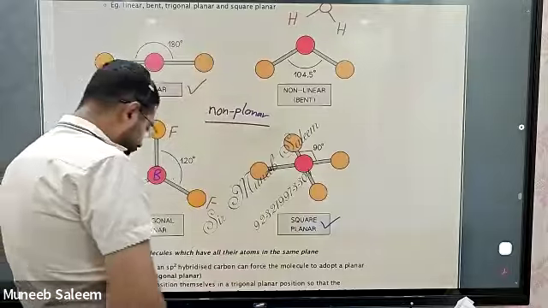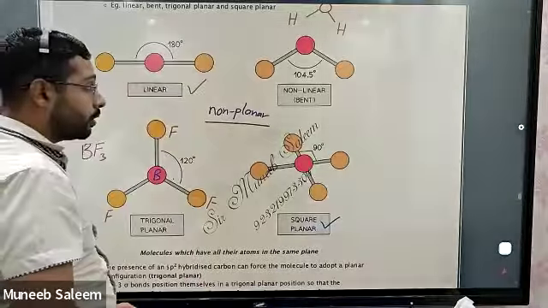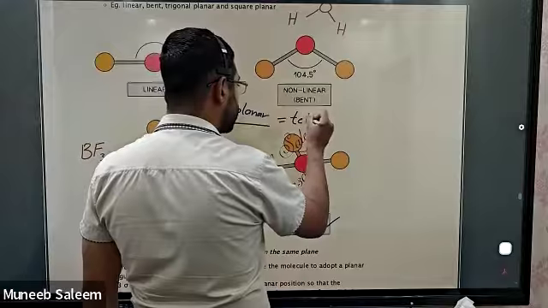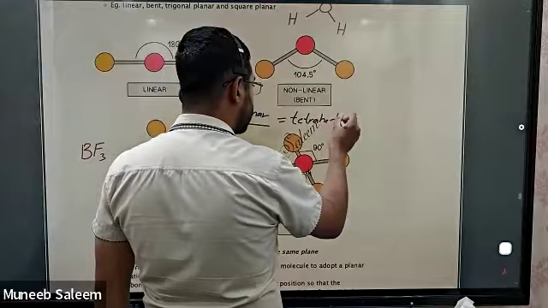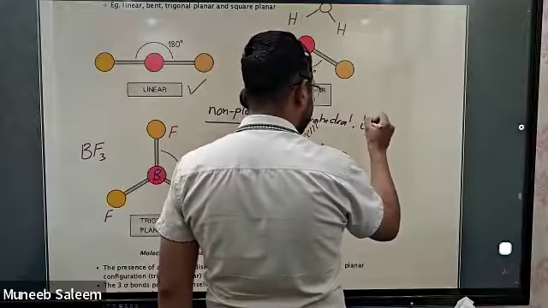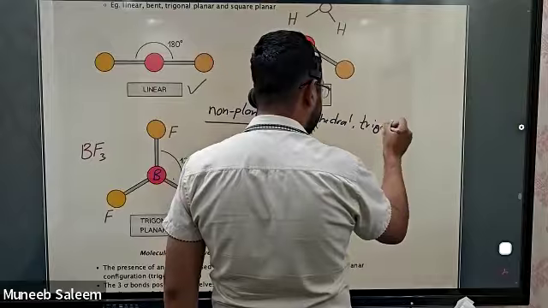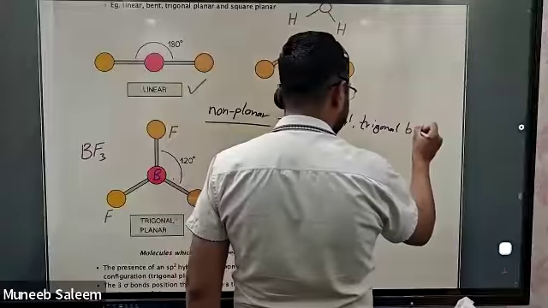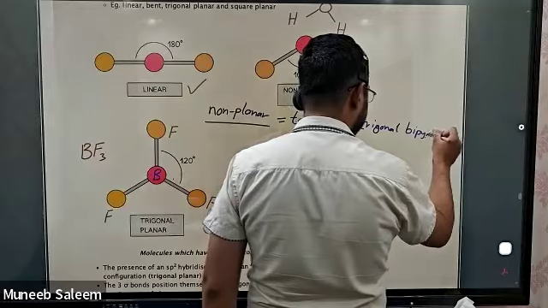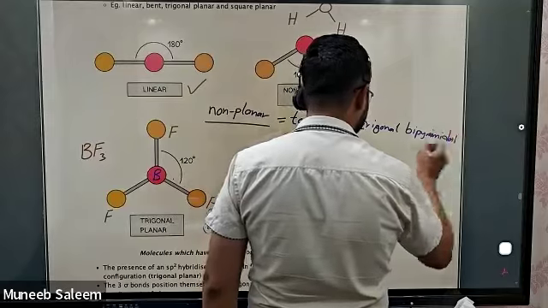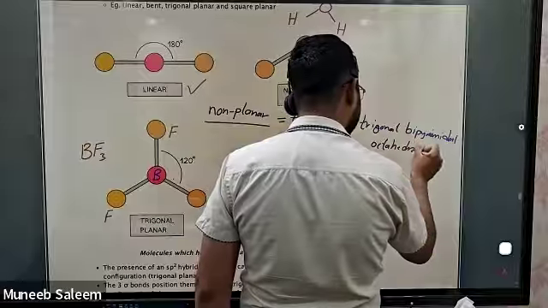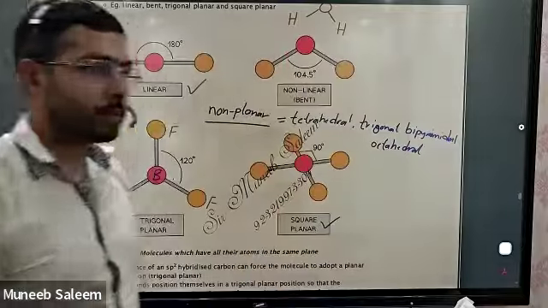So in this way, we can expect non-planar molecules, which include the tetrahedral. We can also have the trigonal bipyramidal, and also octahedral. They are all non-planar molecules.